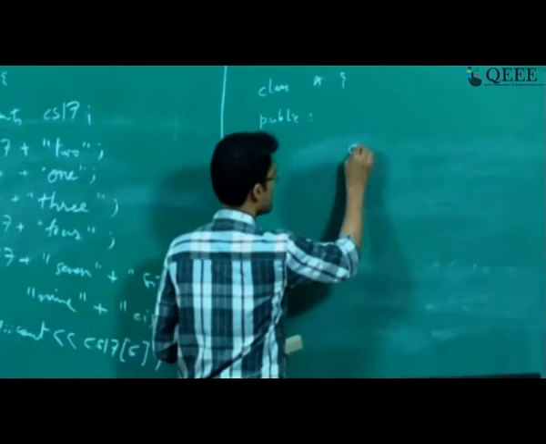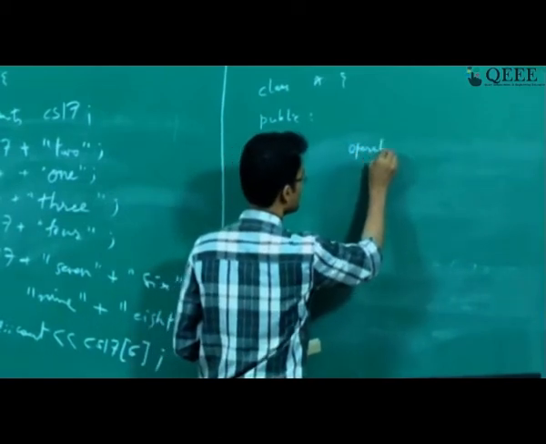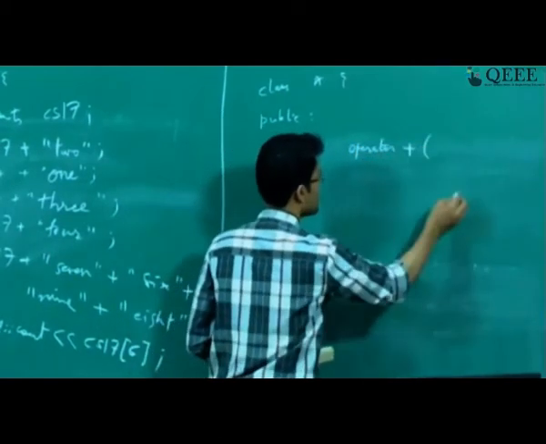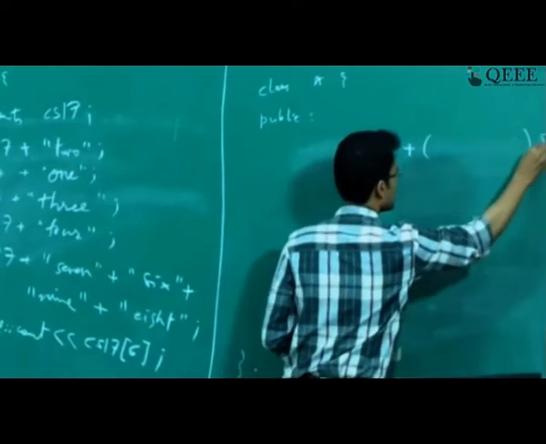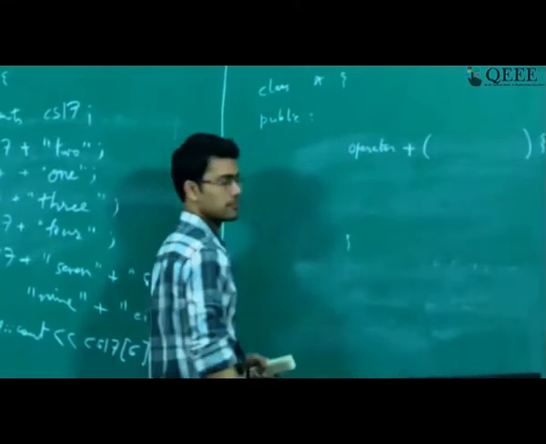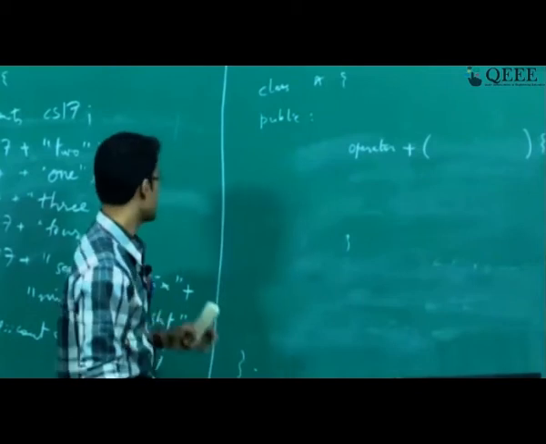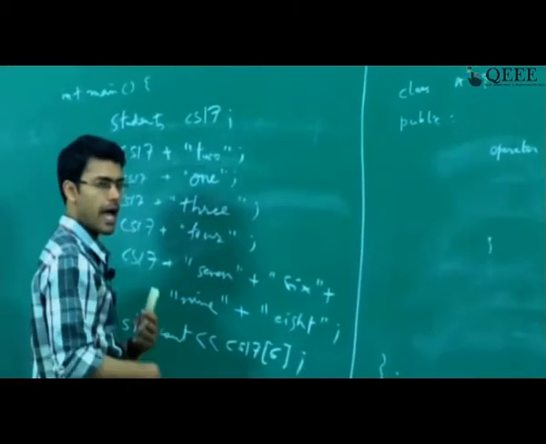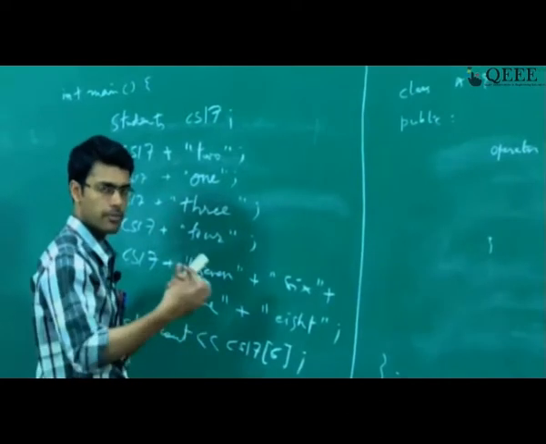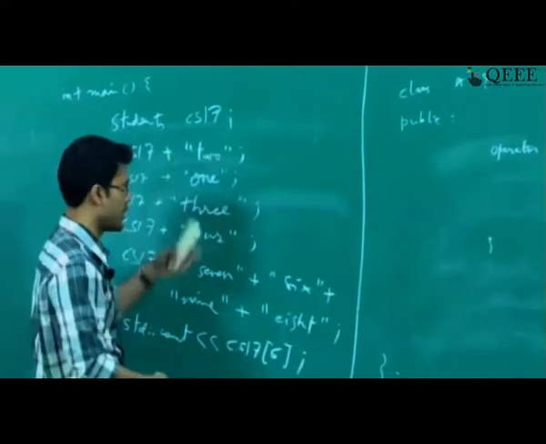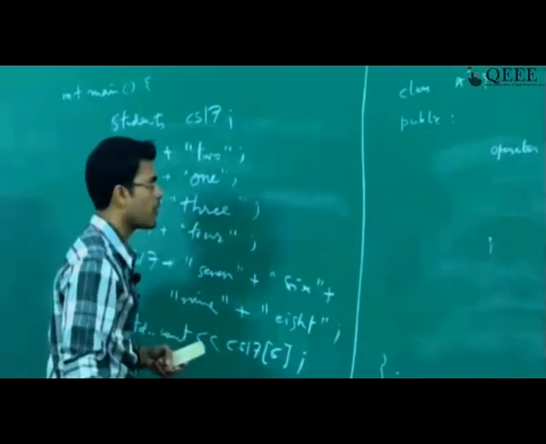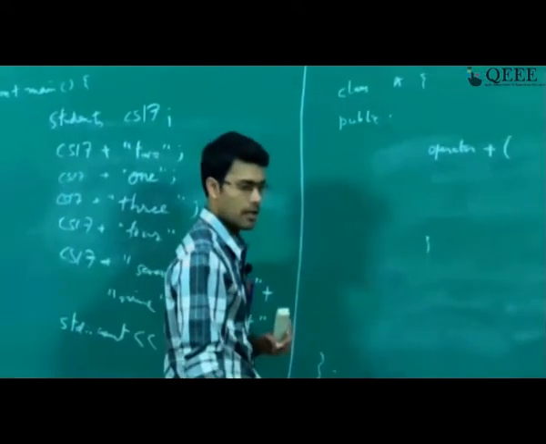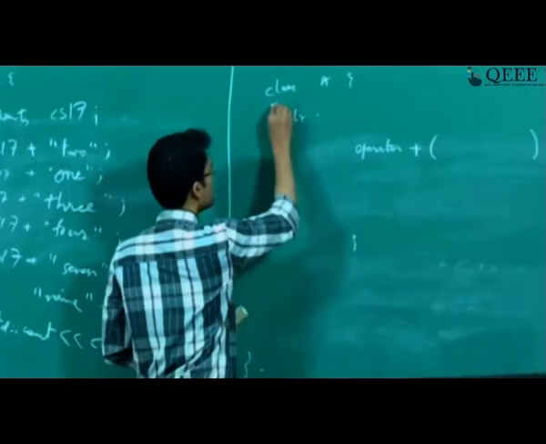Let's say that there is an operator plus, what does it take and what does it return, right? All of these students that I am adding, let's say these are different roll numbers, need to be added to some data structure so that the state is maintained. For this I will require a private variable which in this case will be a vector.